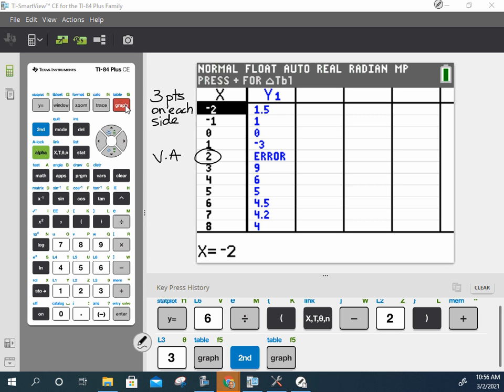Now, if it's me, I'm going to pick points that are easy to plot. So I'm going to pick those 3, and I'm going to pick those 3. So remember, 3 on each side.